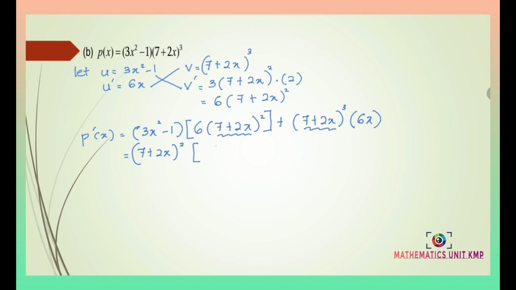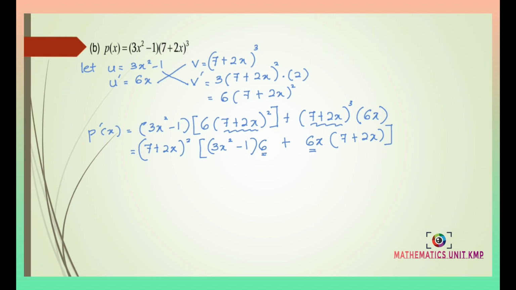Now we put in the big bracket, we have here (3x squared minus 1) times 6 plus 6x times (7 plus 2x), and we close the bracket.